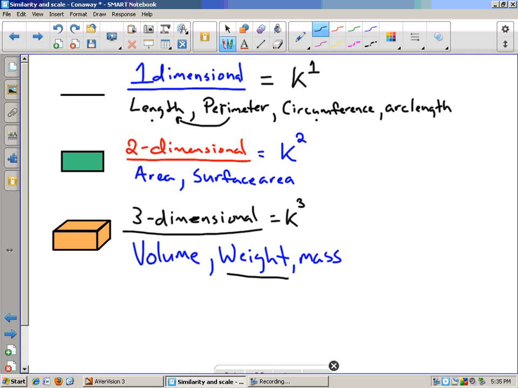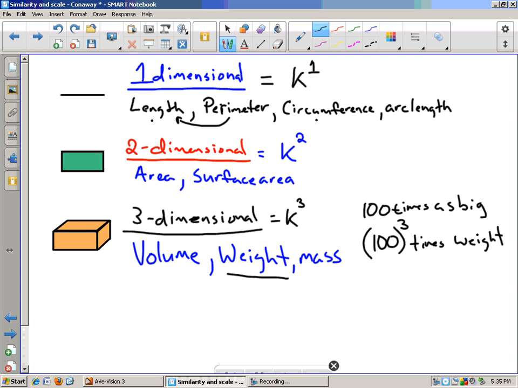If my new Hot Wheel is 100 times as big, if my real car is 100 times as big as the Hot Wheel, then it's going to weigh 100 cubed times as much weight.